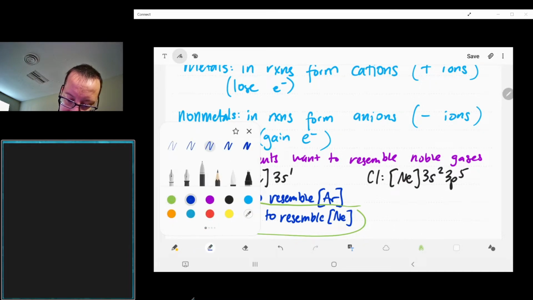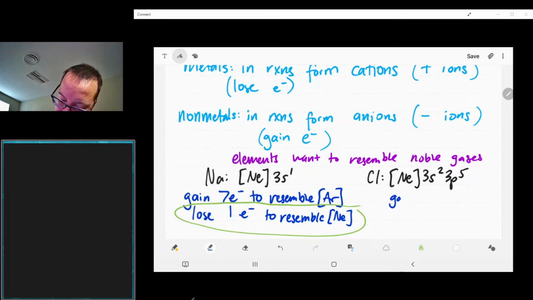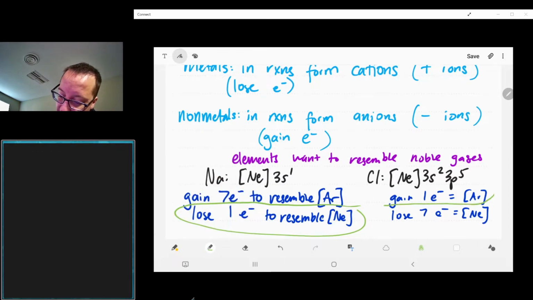Chlorine, on the other hand, can gain 1 electron to be like argon, or it can lose 7 electrons to resemble neon. And we're going to see that this is the opposite case for chlorine. It's going to gain an electron instead. A lot easier to gain 1 than to lose 7.